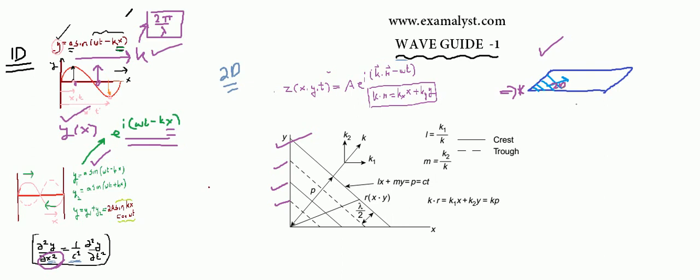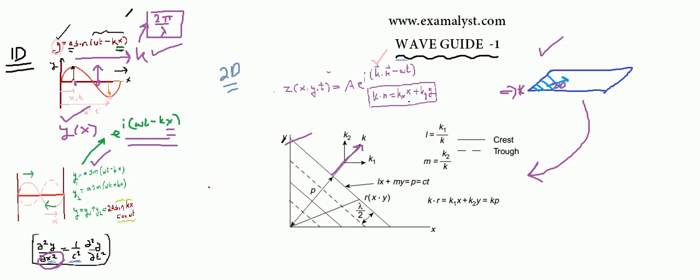Agreed? So this is drawn here. You see that the wave is moving towards the k direction. So the k in the first equation here is the direction in which the wave is moving. Now you see the direction in which the wave is moving, k, can have two components, k1 and k2. Agreed? So this is quite logical.